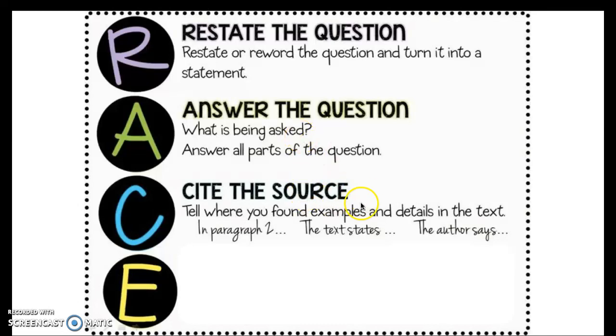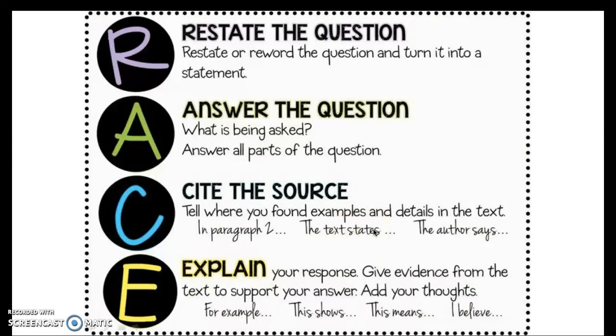We're proving our answer with that text evidence that we find. And then the last part, E, we're going to explain our response. Why does this evidence that we just threw in here have anything to do with our question? So we're adding our thoughts into our evidence and our question.